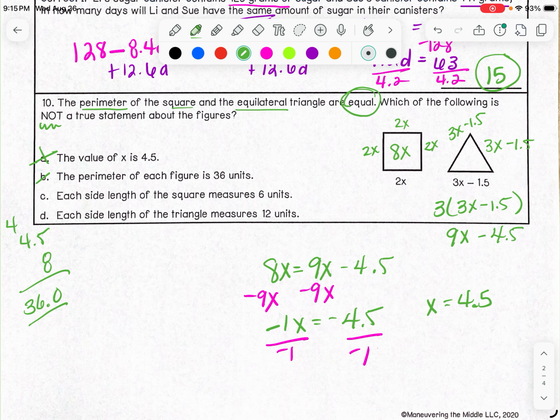So that's true. Each side of the square is 6. That's actually going to be your not true one, because the triangle would have to be 12, right? Because 12 times 3. If each side of the square was 6, then that would give you a perimeter of 24. So C is the correct answer for number 10.